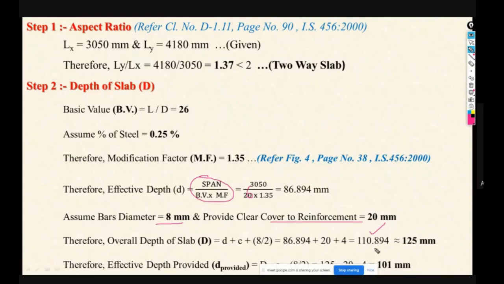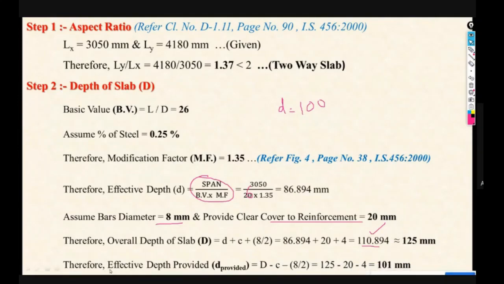But generally in field also we are not providing effective depth less than 100 mm, so that's why we will increase it. Okay, so round off we will consider 125 mm. And by considering this 125 mm, again we have to calculate the effective depth.